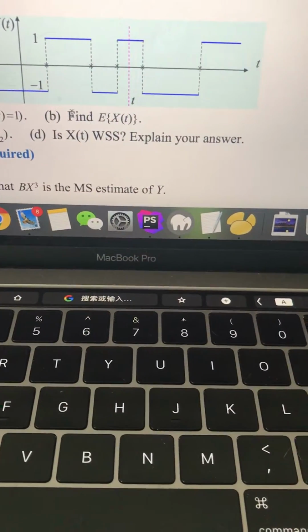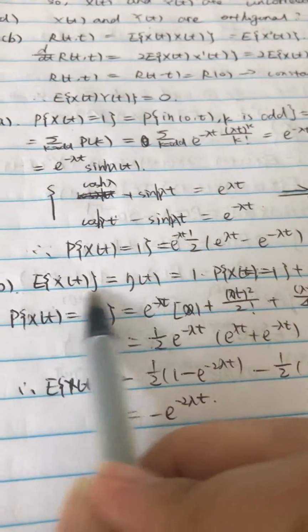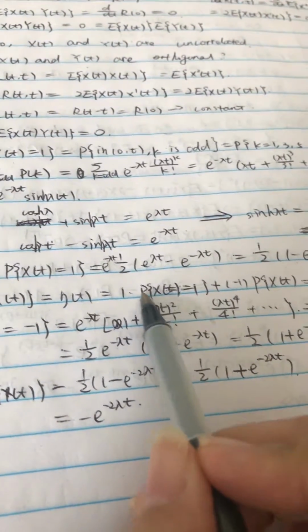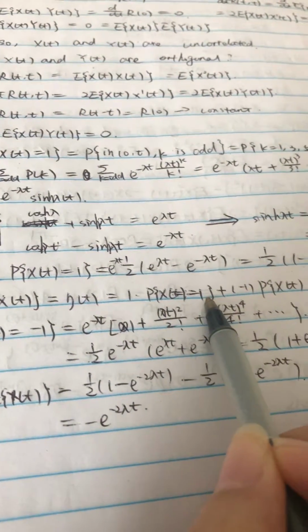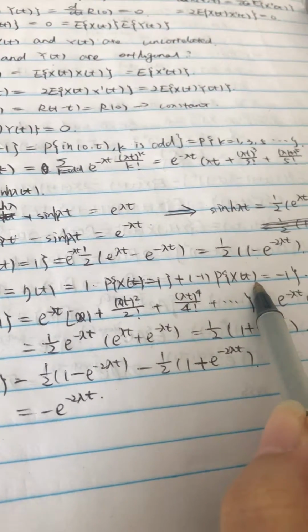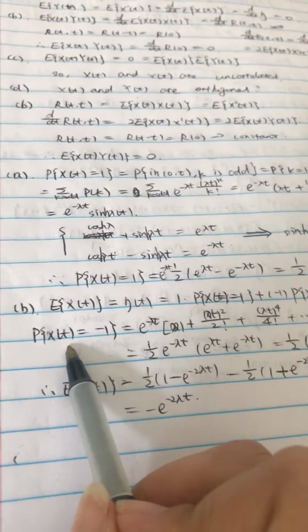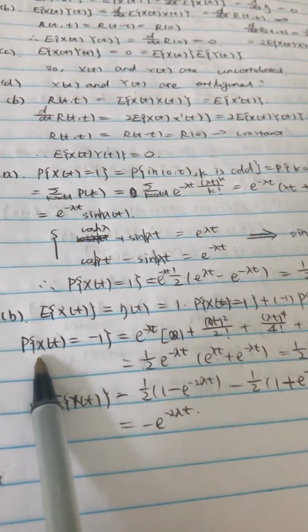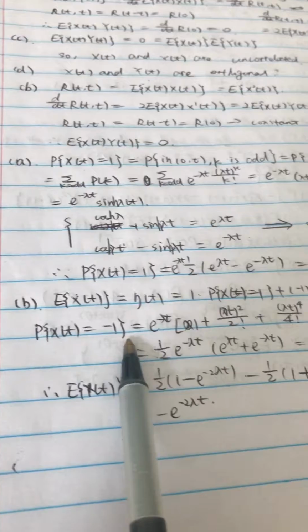And the second question is to find the E[Xt]. So E[Xt] is equal to 1 times P(Xt = 1) minus 1 times P(Xt = -1). We already know P(Xt = 1), but we don't know P(Xt = -1).